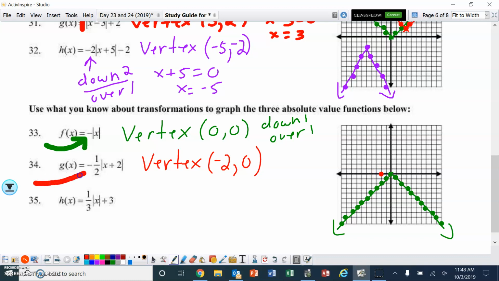Okay, so again, this is telling me to go down 1 over 2. And again, do that in both directions. Okay, hopefully I didn't mess that up. Down 1 over 2 each time. Draw your line.